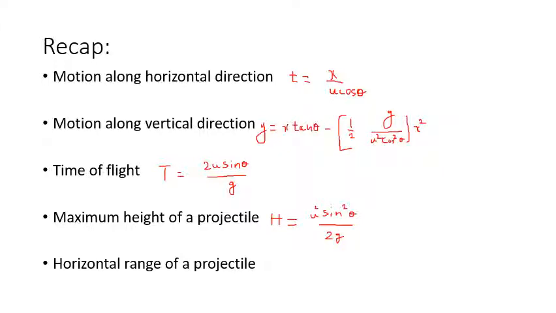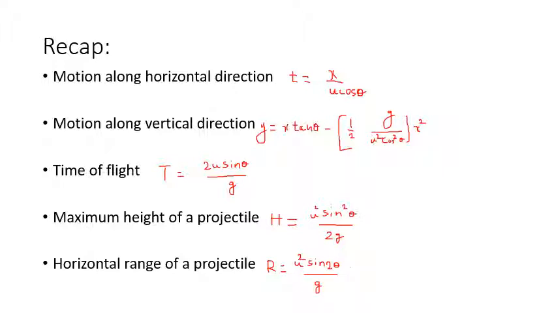And the last part we derived is the horizontal range of a projectile. Here the horizontal range is denoted by capital R. Capital R is nothing but u squared sine 2 theta divided by g.